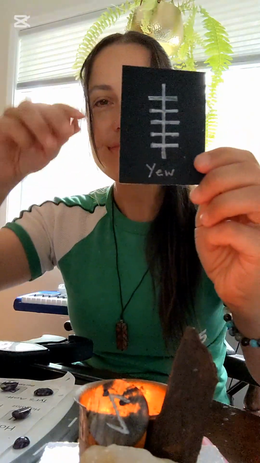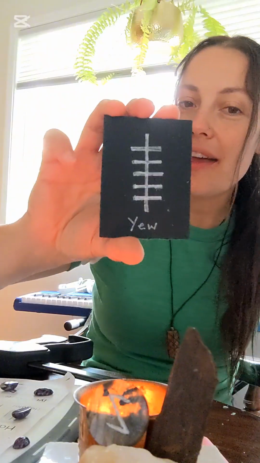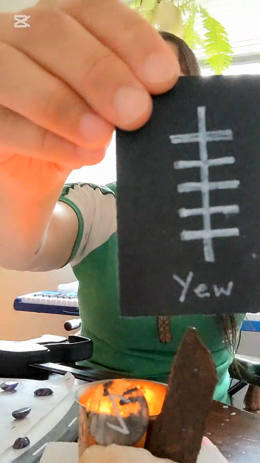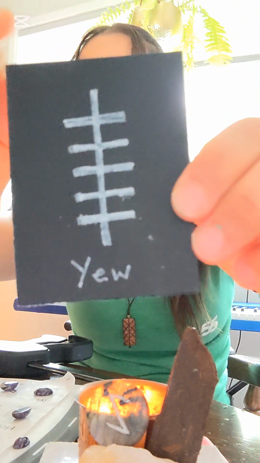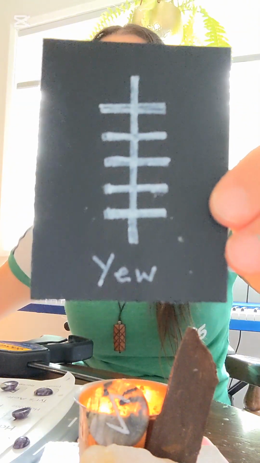So it's a line down with 5 lines across in ogham, and it metaphorically represents death in the form of leaving behind old ways and allowing aspects of your life to die away to create the new.